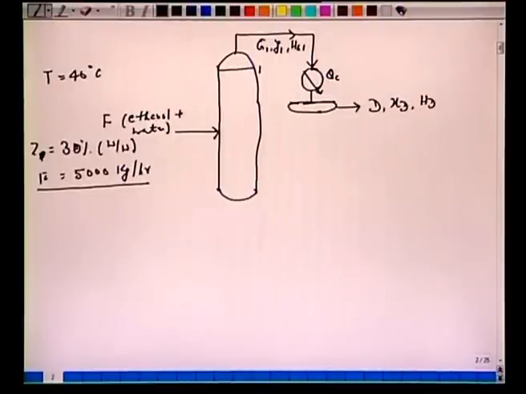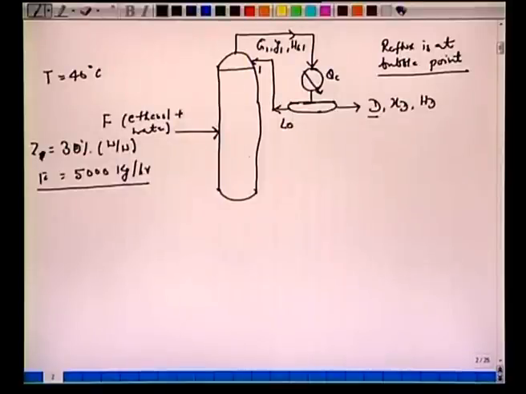Now it reads that the reflux is at bubble point. All it means is that this liquid, the product D, and the reflux L0 which goes to the column top, are saturated.